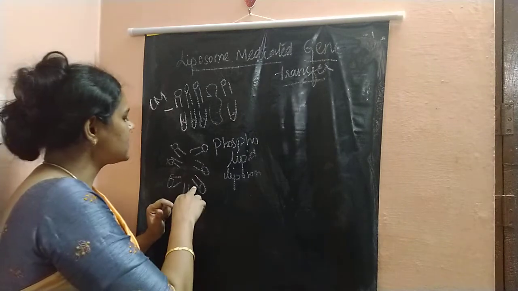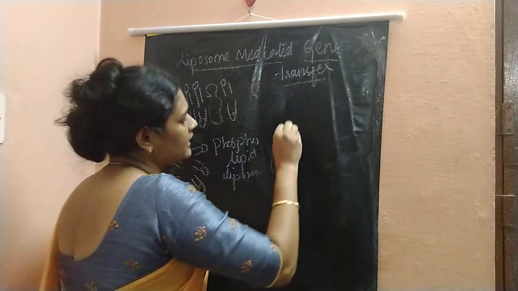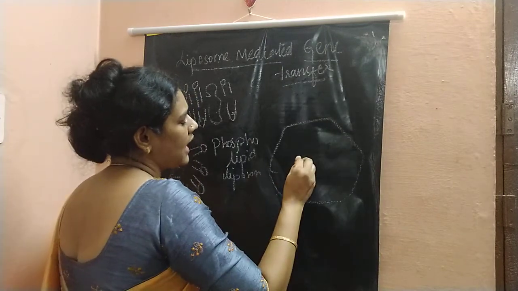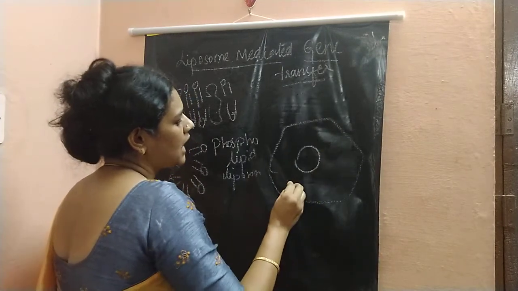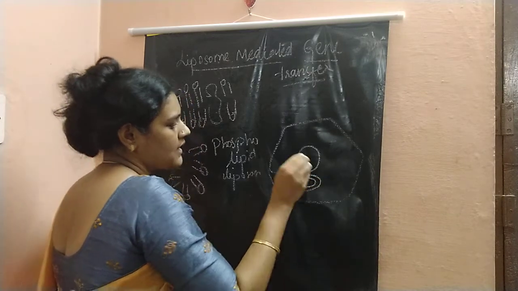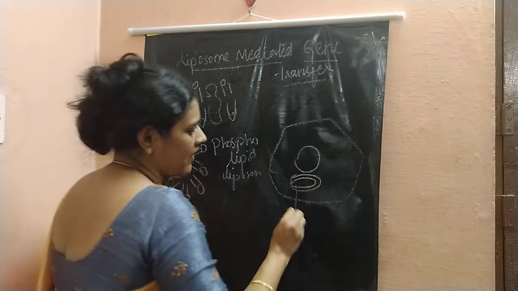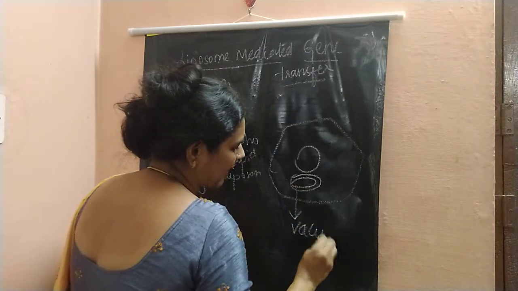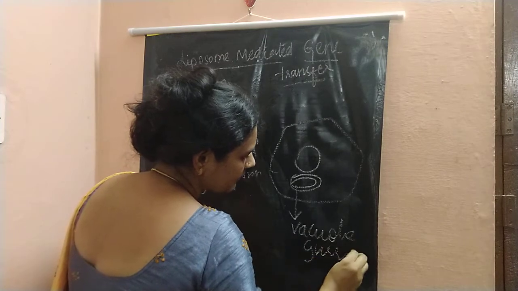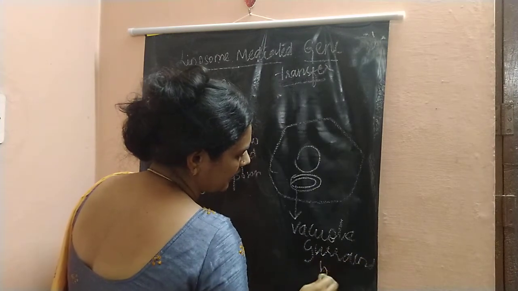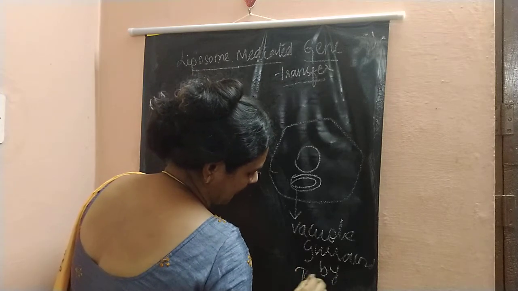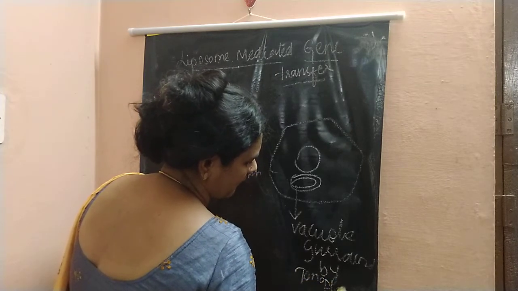So this liposome interacts with the plant cell. Suppose this is a plant cell and this is a nucleus, and this is a vacuole. The vacuole is surrounded by a layer called the tonoplast.